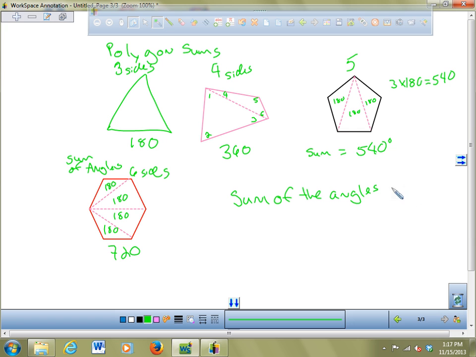The sum of the angles of a polygon is equal to n minus 2 times 180. Because here I have 4 sides, you have 2 triangles, so the number of triangles is 2 less than the number of sides. You should write that on your conjecture sheet.